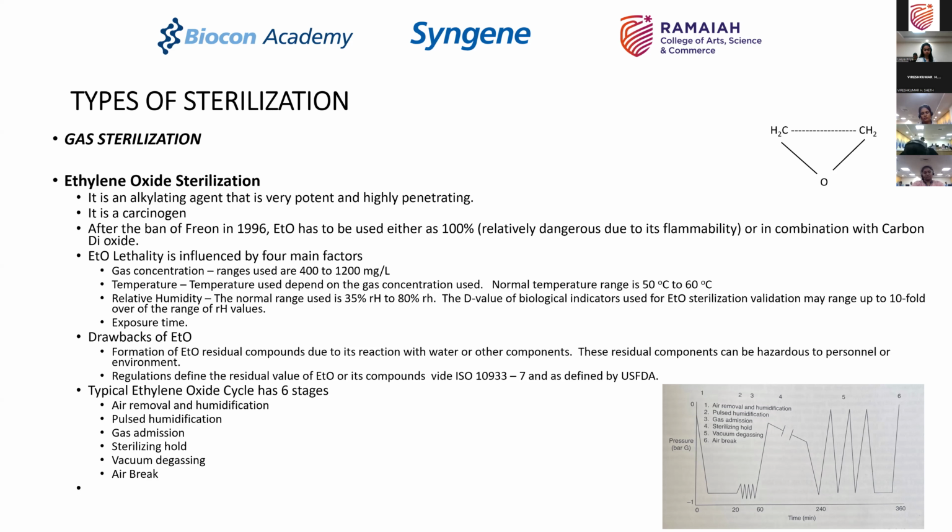So ethylene oxide is used for either the incoming material or sometimes the outgoing material. Again, as I said, it is not a choice of sterilization if there are other means which can be applied, because it is too dangerous to handle and it is a carcinogen.